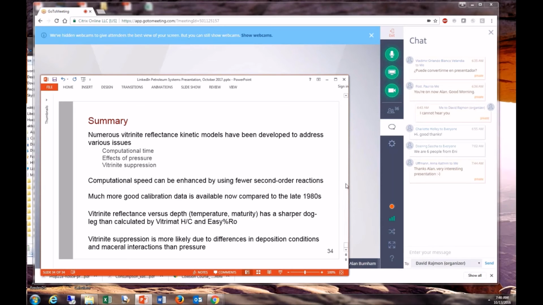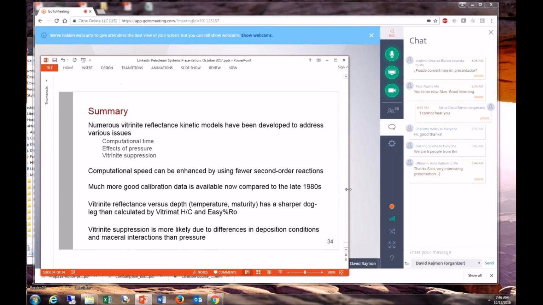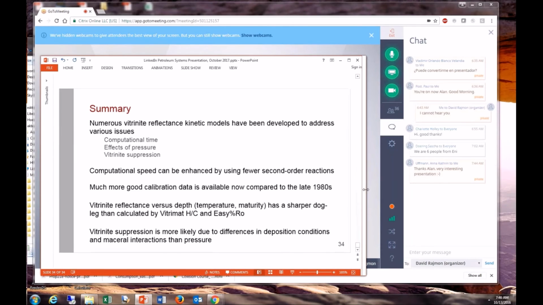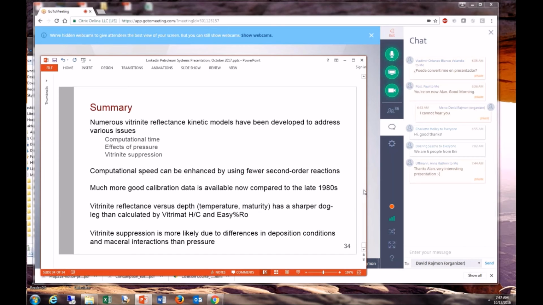Yeah, and another issue I wanted to comment on, the difference between calibrating to laboratory data and calibrating to geological data. When we calibrate to geological data, we are really including the influence of our interpretation of geological history and our model.